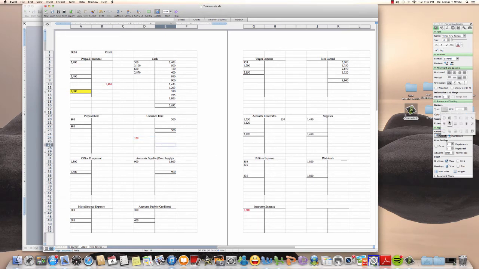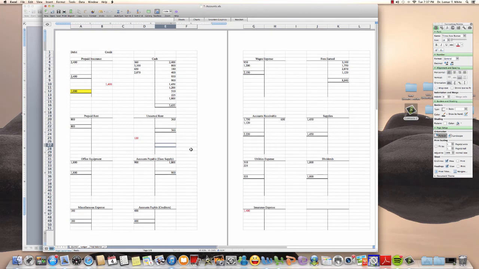I'm going to figure out the new balance of this account. So remember, unearned rent works the same way as revenues, and revenues have a credit entry to increase them, and whichever side increases the account, we say that that is the normal balance.